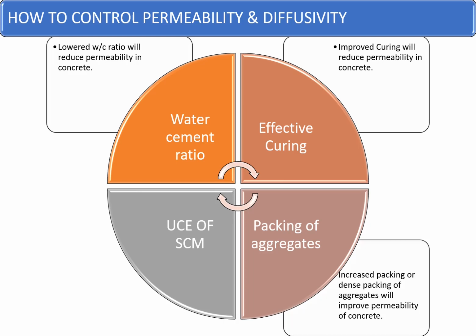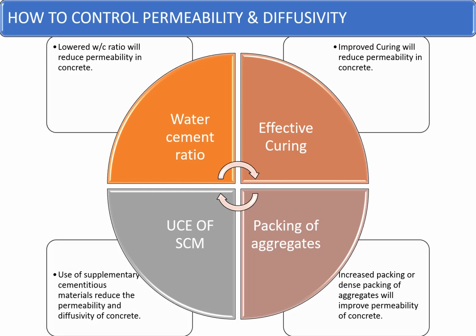And when it comes to packing of aggregates, dense packing of aggregates will improve the permeability of concrete, thereby having a significant impact on the durability of the concrete. Then finally, the use of supplementary cementitious materials reduces the permeability and diffusivity of the concrete, which will improve the durability properties of the concrete.